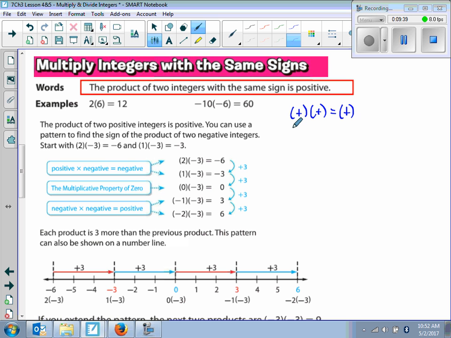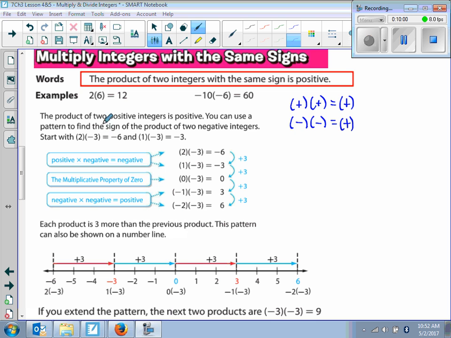And then, same sign again. If I have a negative times a negative, that's going to be a positive because it's the same sign, right? So if it's the same sign and you're multiplying, the answer is going to be positive. The product of two positive integers is positive.